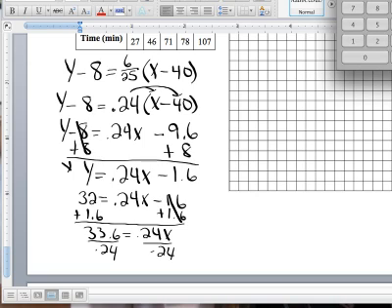What's 33.6 divided by 0.24? Wouldn't it be awesome if I assigned you calculators that you could use? Oh, wait, I think I do that already. Divided by 0.24. So 140. So x is 140. That means we would need about 140 minutes. And this is approximately.